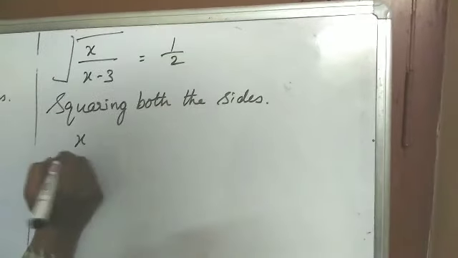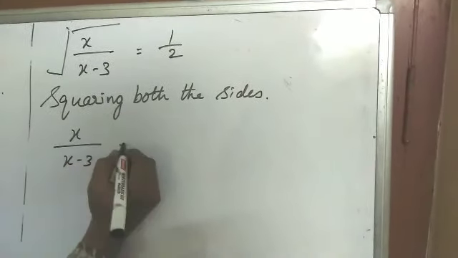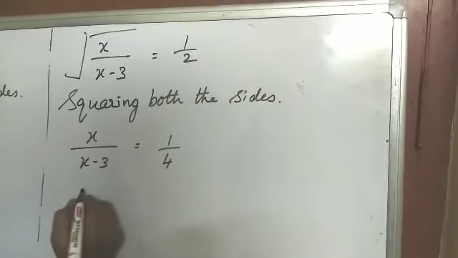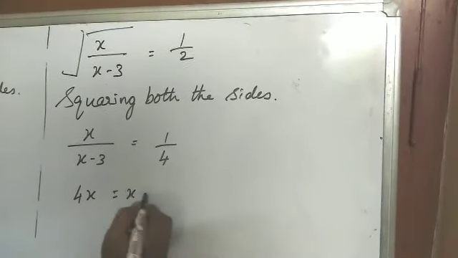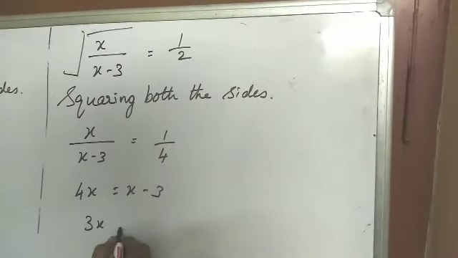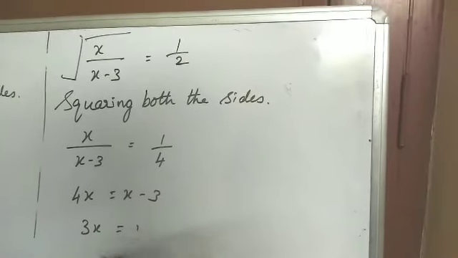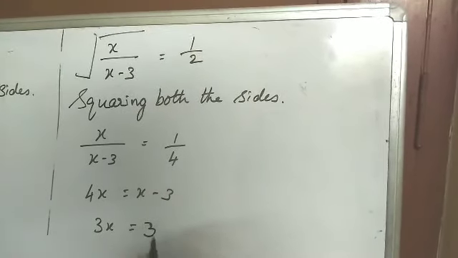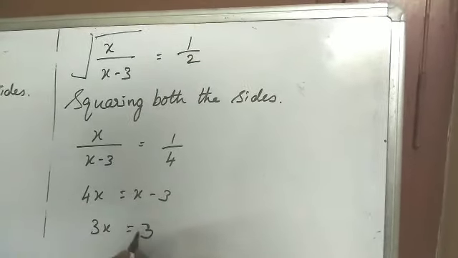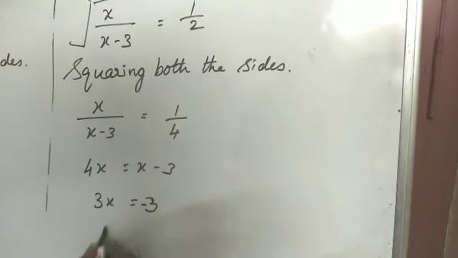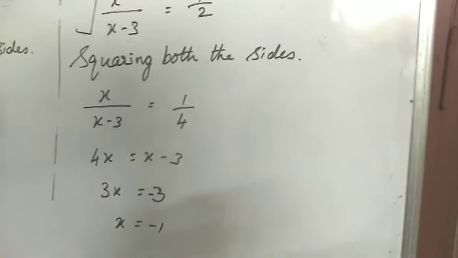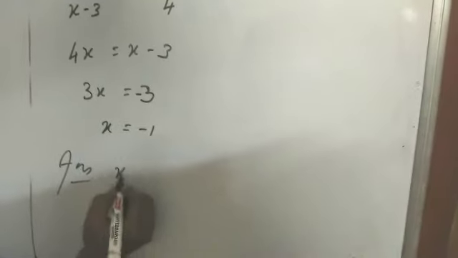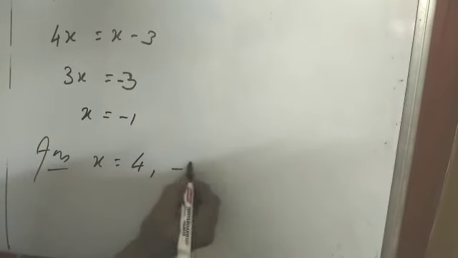So, x upon x minus 3 is equal to 1 upon 4. 4x is equal to x minus 3. 3x is equal to minus 3. Okay, bring it here and minus 3. You will get x is equal to minus 1. Then answer x is equal to 4 and minus 1.